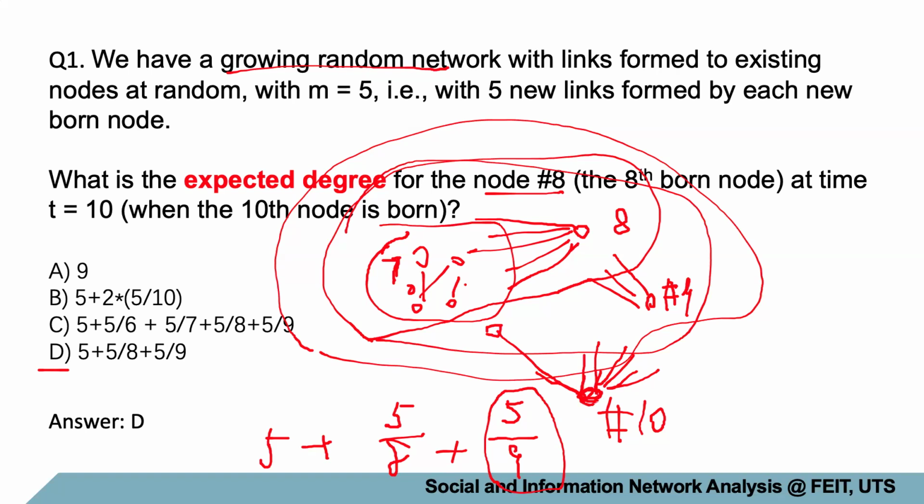We only choose the existing ones, not the total. Because for 8, there are 2 endpoints. One is definitely 10. We are just choosing among the other 9 existing nodes. Okay, good. Thank you.